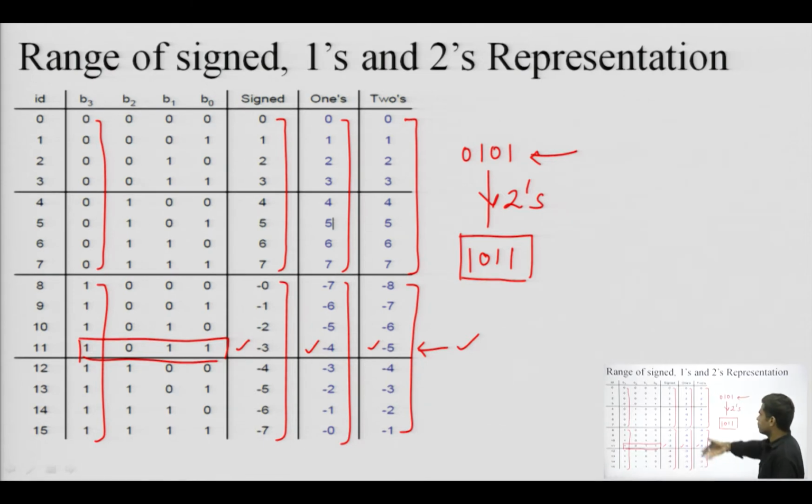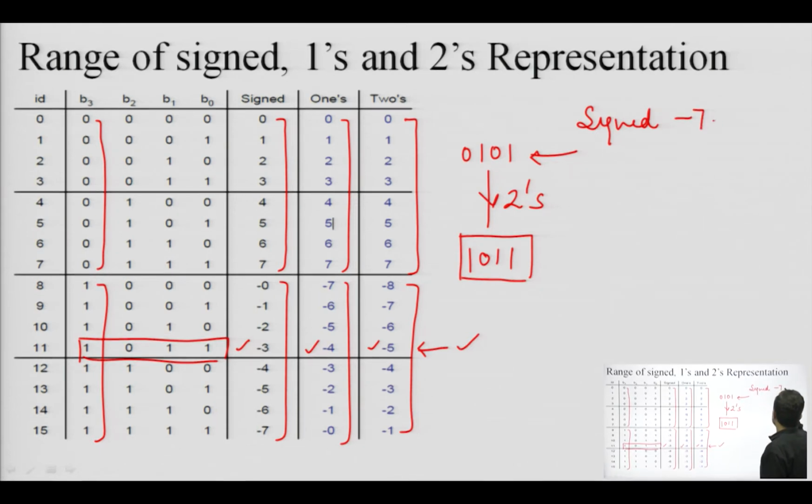So, in this way we can perform complements of all these numbers to get this table. The main aim of showing this table is to find the range of these three representations. In signed, the numbers are minus 7 to plus 7, the lowest number is minus 7 and the highest number is plus 7.